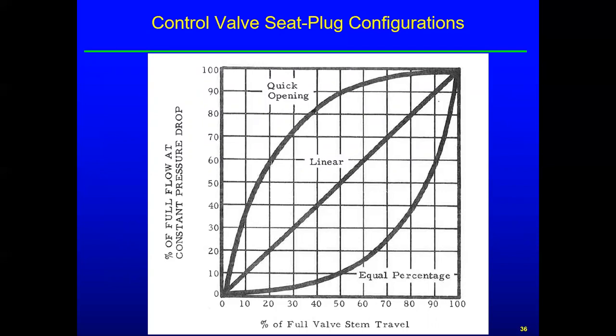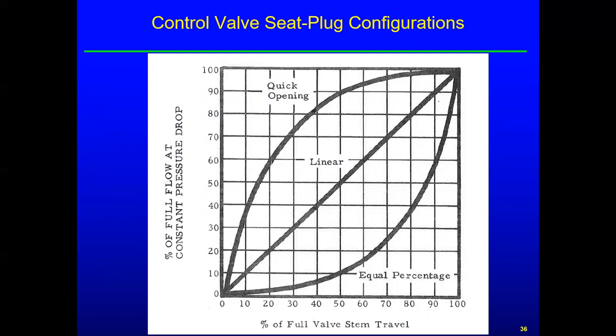These are put together by the valve manufacturers. You can see at that 50% position, that quick opening valve is at 90% flow. So you've closed the valve 50% and you only reduce the flow by 10%. You've really got to close that thing a lot.